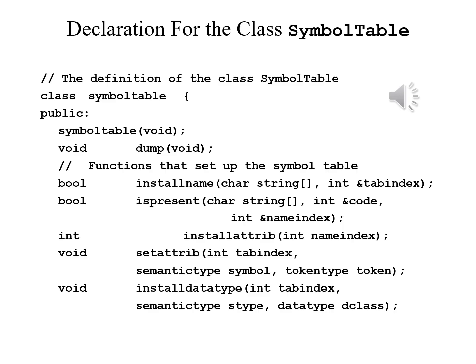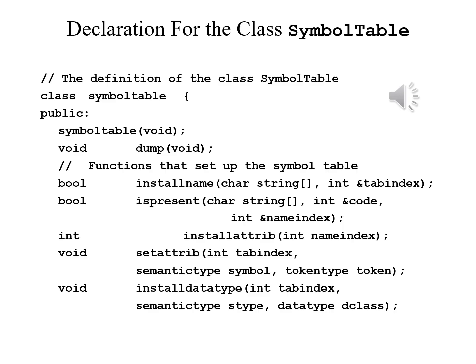We are now looking at the declaration for the class symbol table, where we will declare the properties and methods of the symbol table. The most natural place to start is with the constructor, which will initialize the various structures in the table, and the method dump, which will print out all the various values stored in the symbol table.